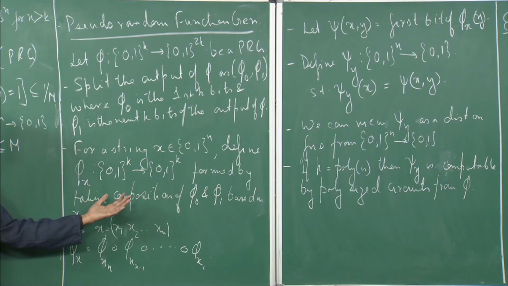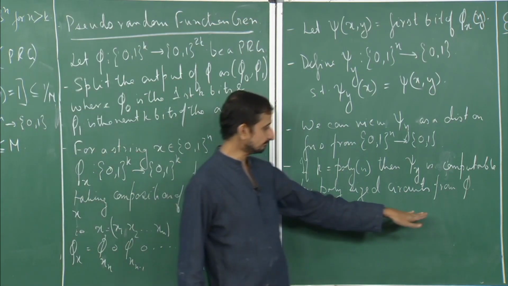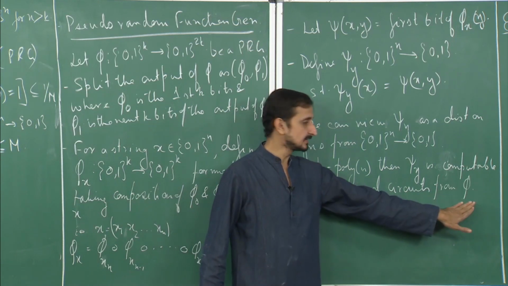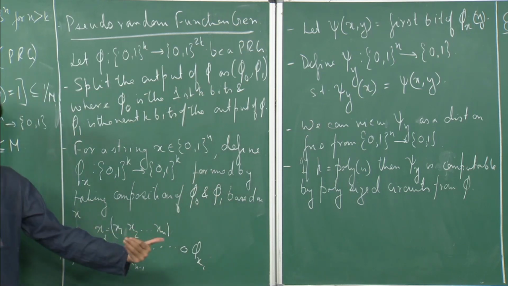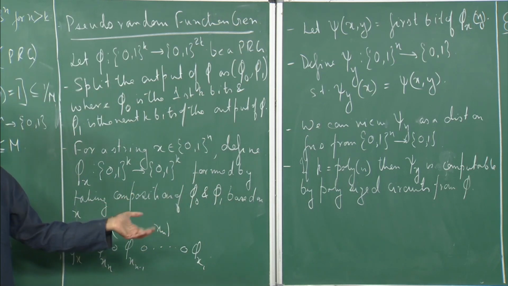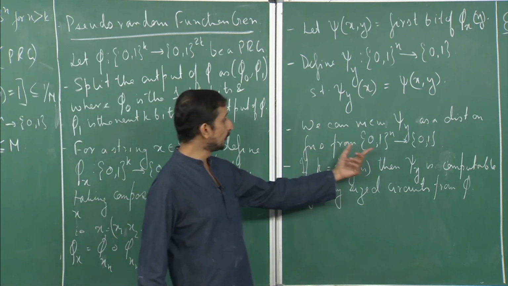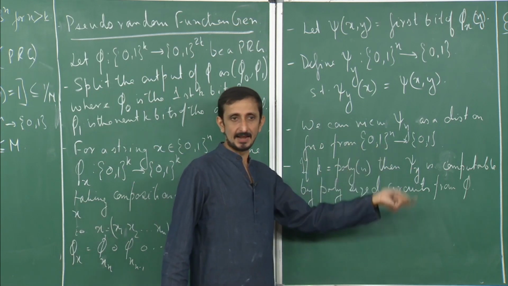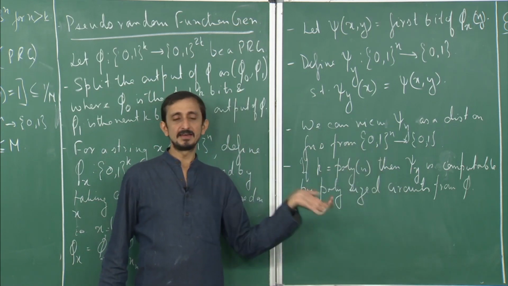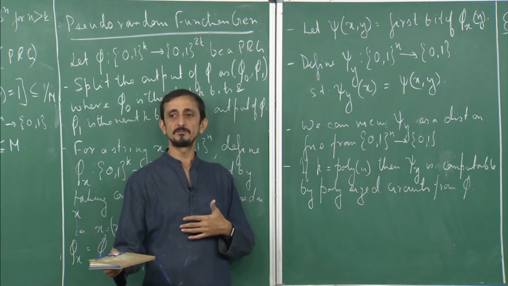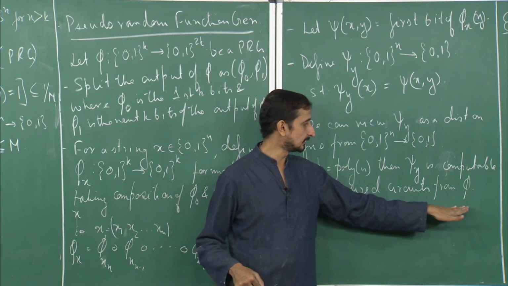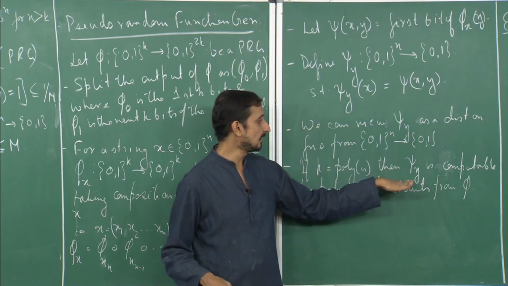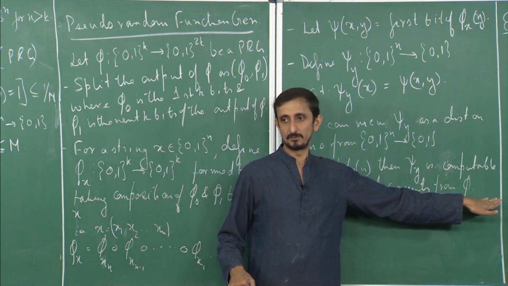Okay, because how is chi y formed? Suppose you have a circuit for phi. Now what I will do is that I will break that output into two parts. I will look at my input now, which is x, and I will look at the bits of that input, and depending on whether that bit is 0 or 1, I will keep on building this circuit for chi y using phi 0 and phi 1.